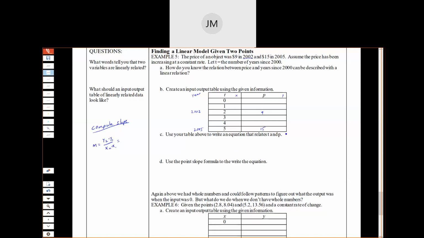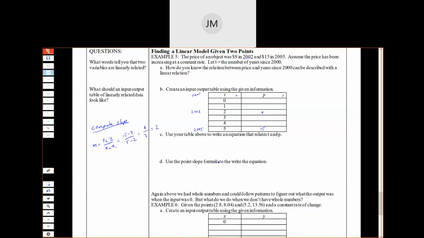I want changes in price, so I'll do 15 minus 9 over 5 minus 2. So I get 6 over 3, or 2. So I have my slope now.